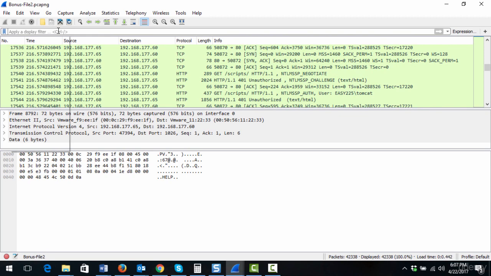Frame contains. So if I do a frame contains 200 OK and IP.addr equals 192.168.177.60. So now I've set a filter that says, give me all the frame contains 200 OK and the IP address.